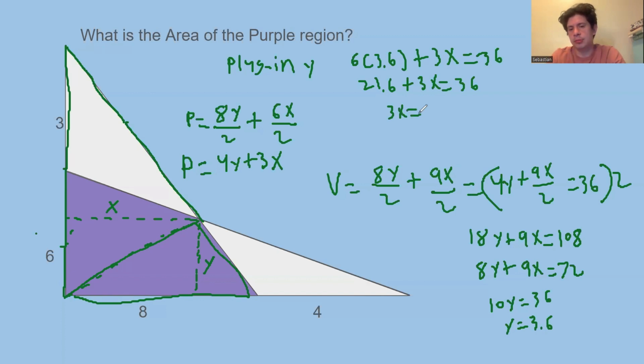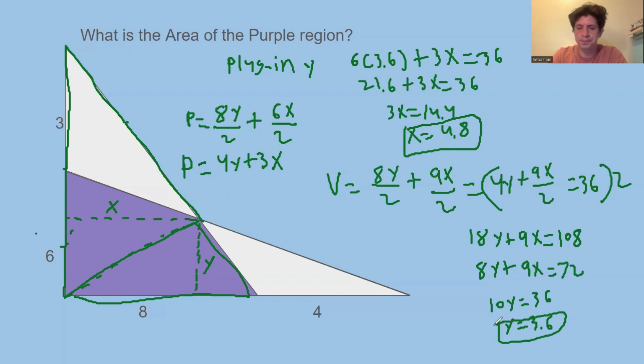When I subtract 21.6, it's going to be 14.4. So x equals 4.8. Okay. And then purple. So now plug in for purple. So we have this here, this here, and they both go here.